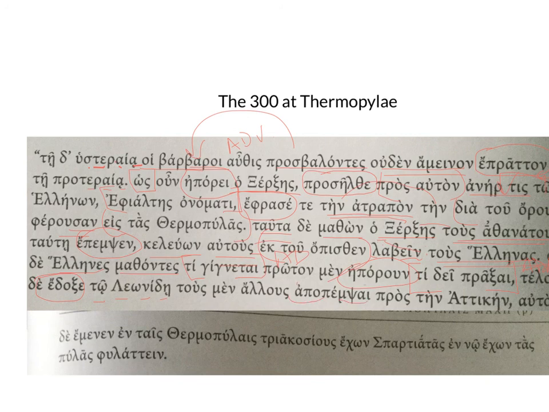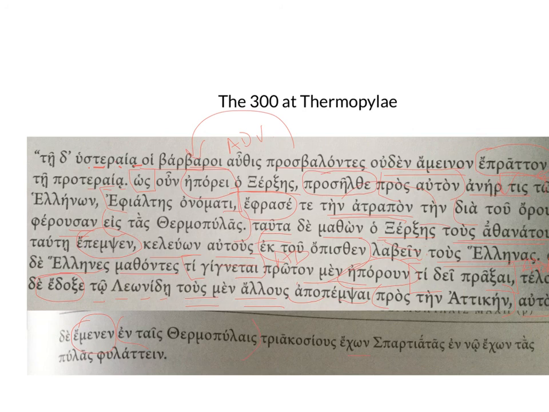To apopempsai, to send back tous allous, the others, meaning the other armies. There were a lot more than 300 Greeks at Thermopylae initially, and we'll talk about that in class tomorrow. To send back the others to Attica and autos, and he himself remained at the hot gates in Thermopylae.